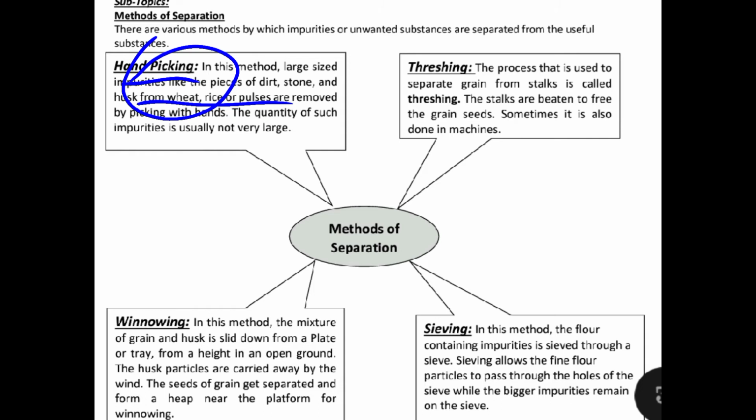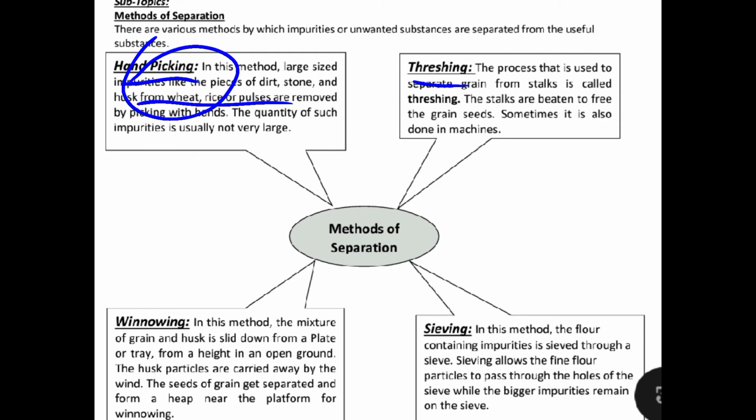Then there is another method of separation called threshing. Threshing is used to separate grain from stalks. For example, when we thresh paddy, we beat the paddy stalks so that we can remove the paddy grains.